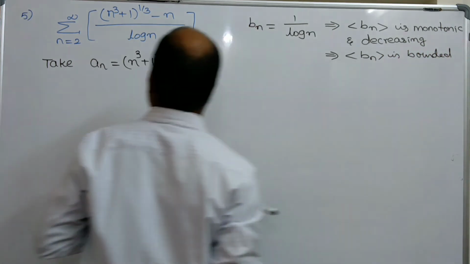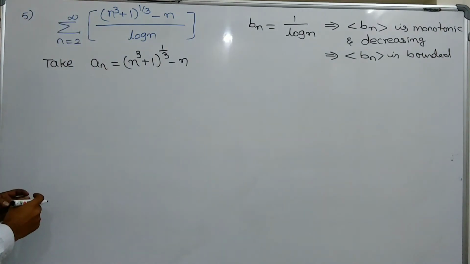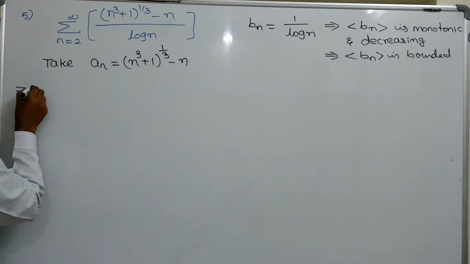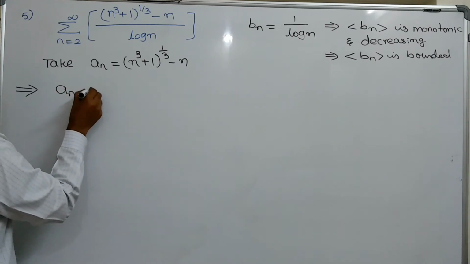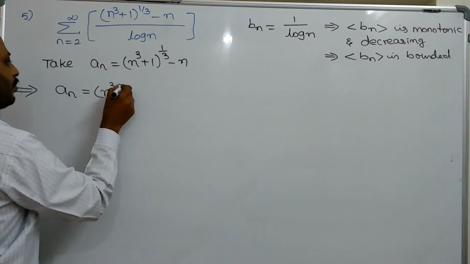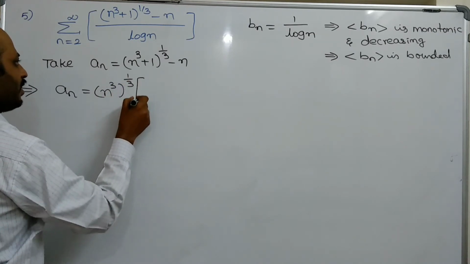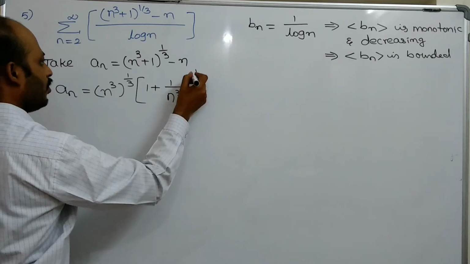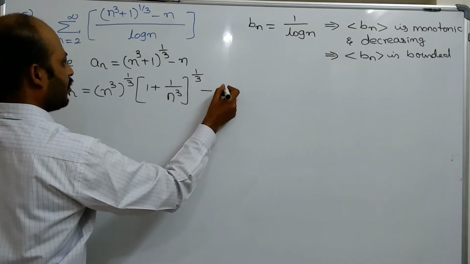So very clear, this sequence Bn is bounded also. Now you observe the term an is equal to (n cube plus 1) whole power 1 by 3 minus n. Let us simplify this term. By making n cube common, an is equal to (n cube) whole power 1 by 3 into (1 plus 1 by n cube) whole power 1 by 3 minus n.